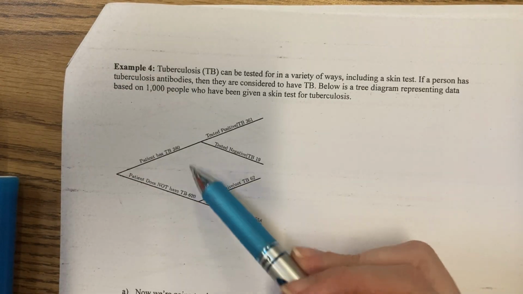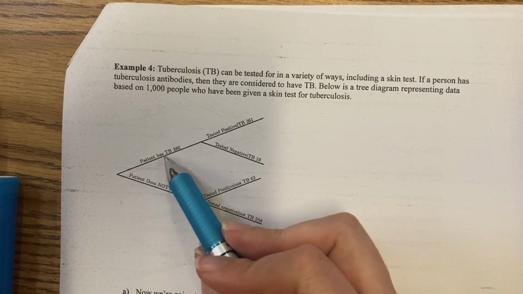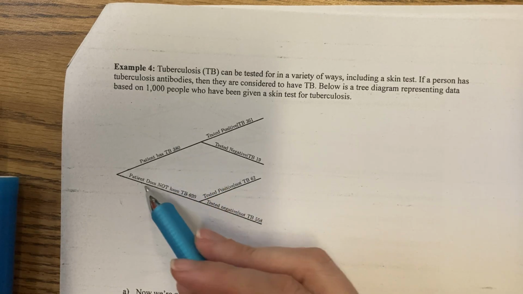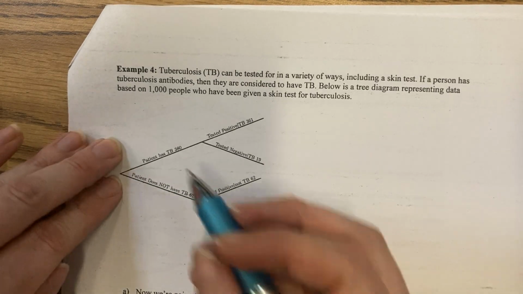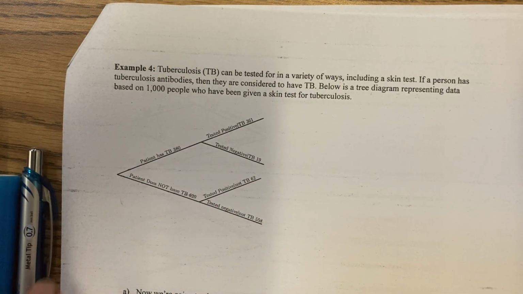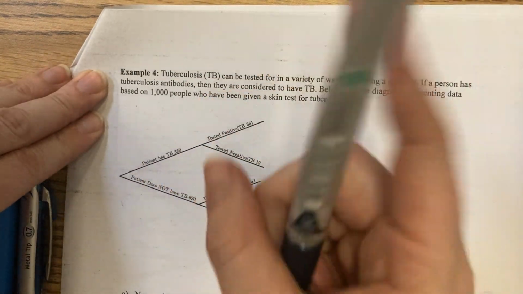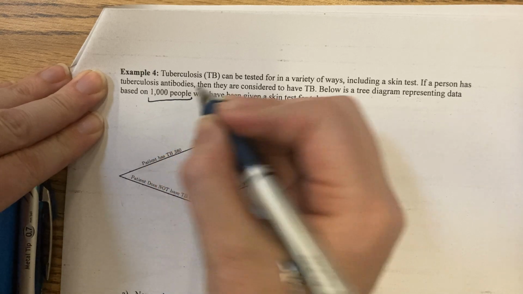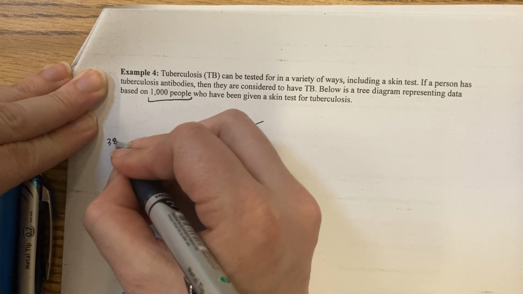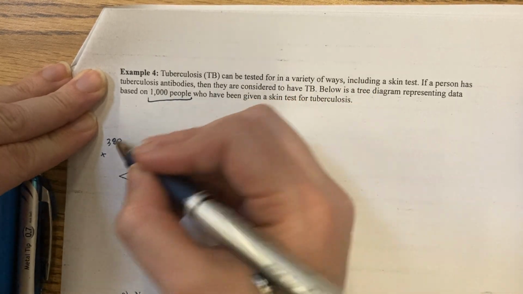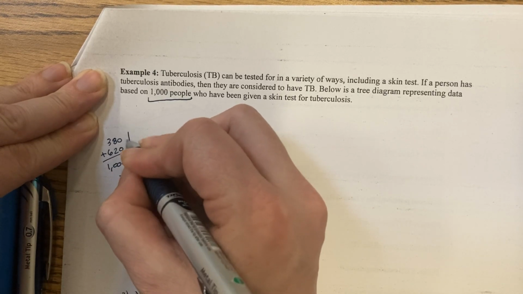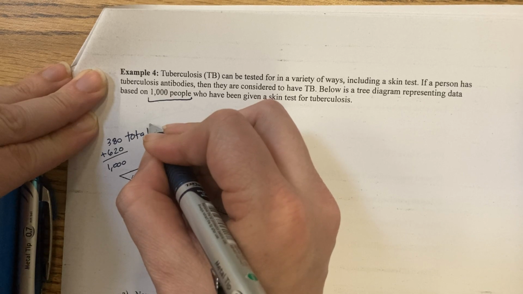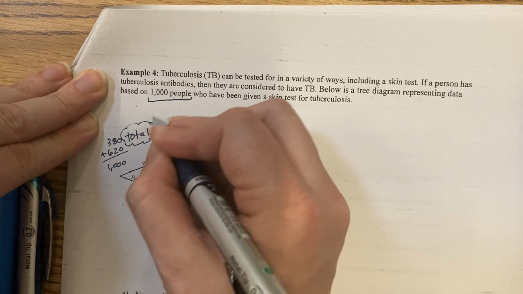We are given a table. I have patient has TB, 380. Patient does not have TB, 620. That means the total surveyed is 1,000.